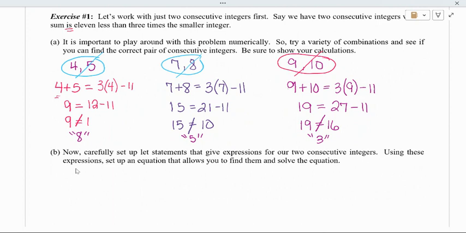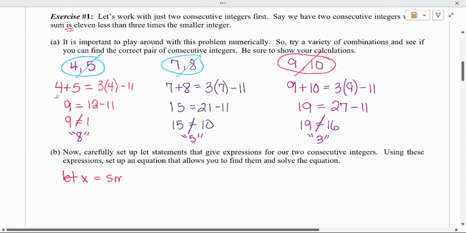So it says, carefully set up statements that make our expressions two consecutive integers. If we let x equal the smaller one, because that's what we kept talking about, something times the smaller, and they're consecutive, what is the second integer or the larger one going to be?